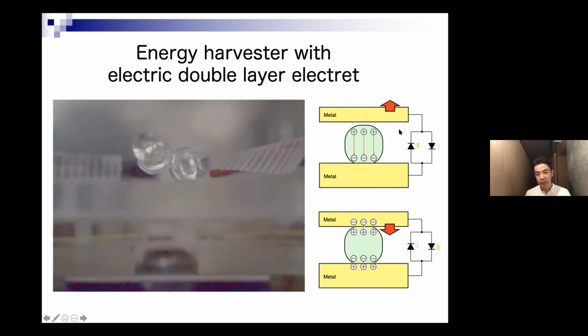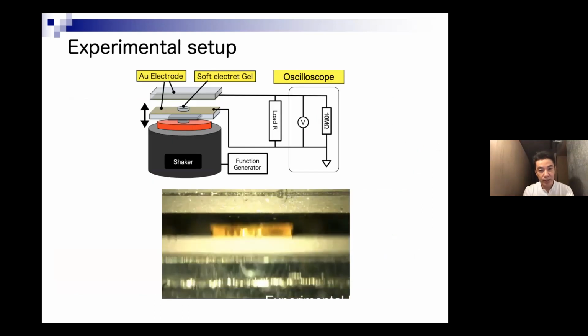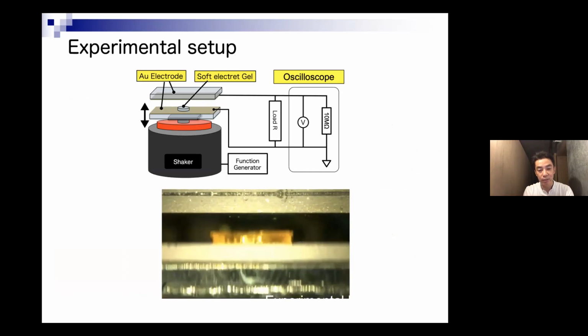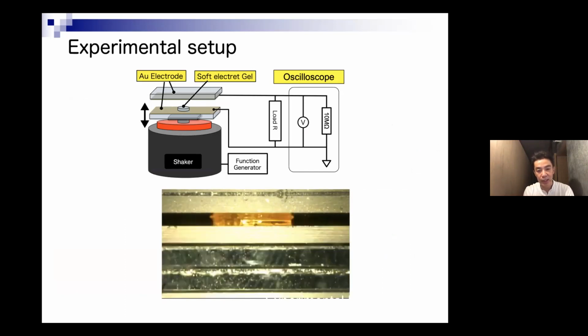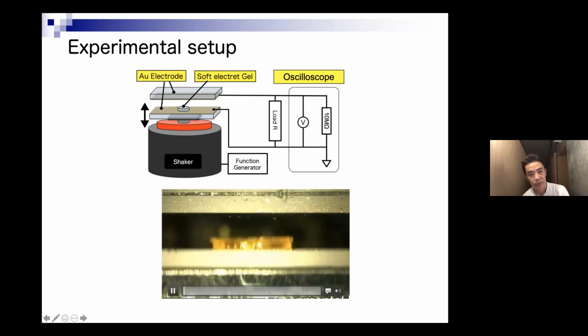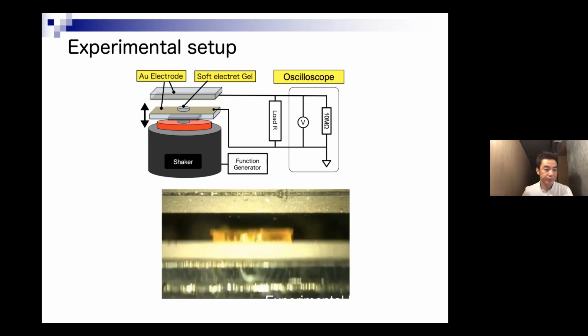When we touch it, the electron moves this way, and when we detach it, the electron moves this way. This is also the expansion setup, and we can see the electrode here, and we are touching and detaching this electrode to the electrode.